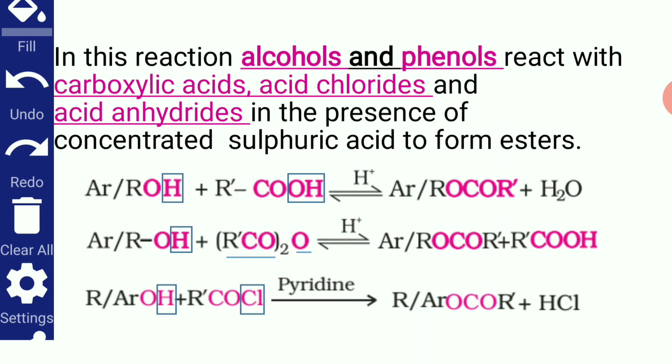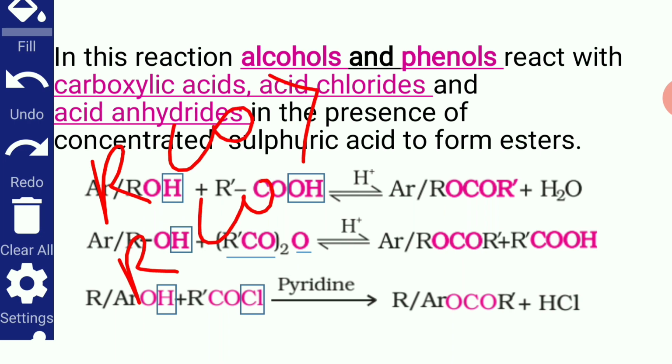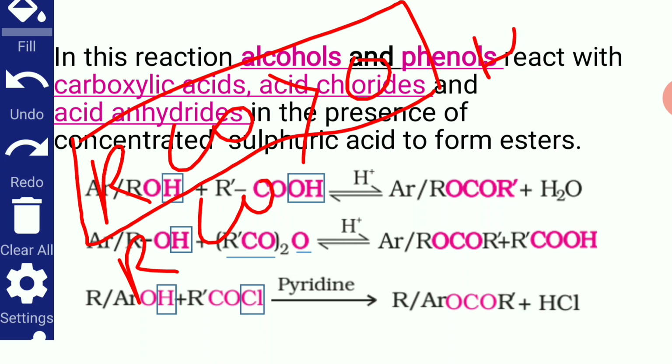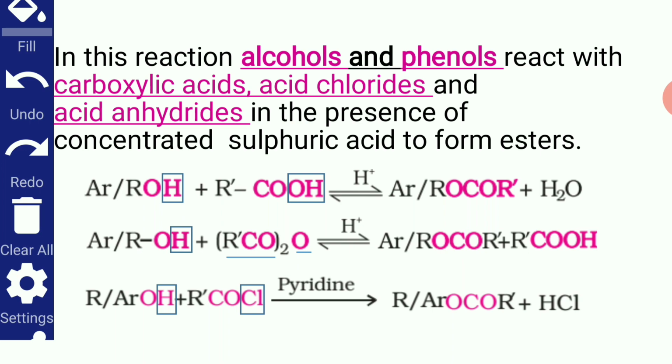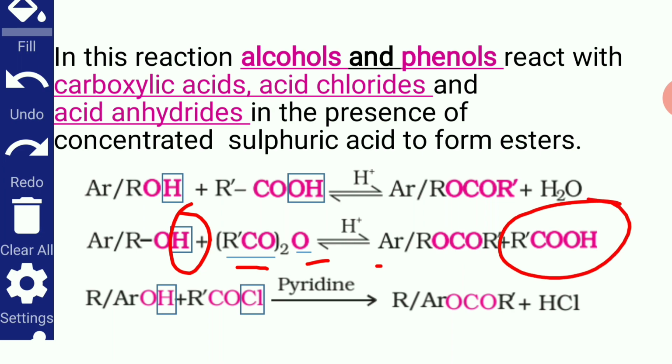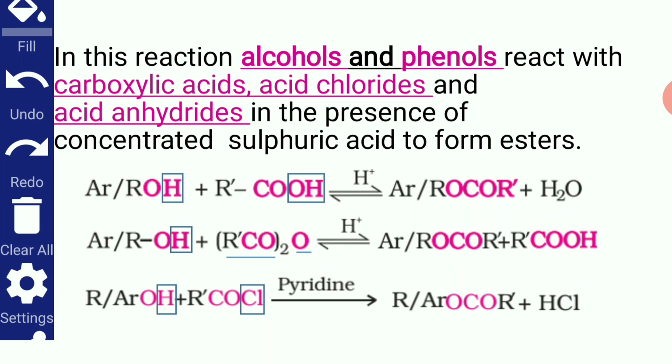When combined with alcohols, it will release an RCO group, which combines with the hydrogen of alcohol to form acid. That is, the hydrogen of alcohol and the RCO and O of acid anhydride combine to form an acid, and the remaining parts will form an ester.